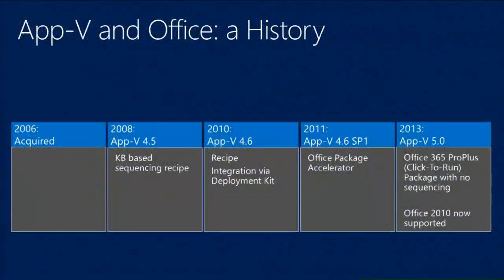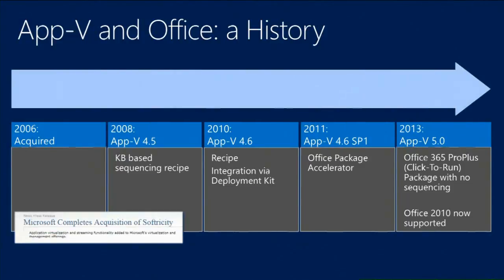All right, so let's talk about the history of AppV in Office. In 2006, a company called Softricity, based in Boston, Massachusetts, was acquired by Microsoft. And thus the relationship with Microsoft, AppV, and Office began. In the early days, it was really difficult to sequence Office. And so articles were placed with recipes and steps on how you could accomplish that.